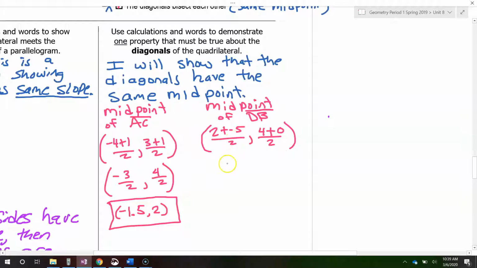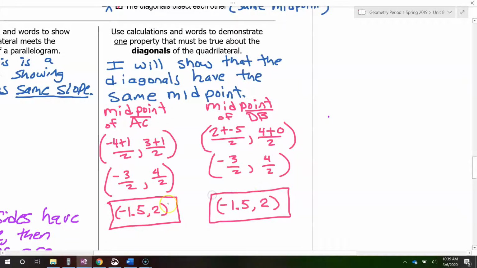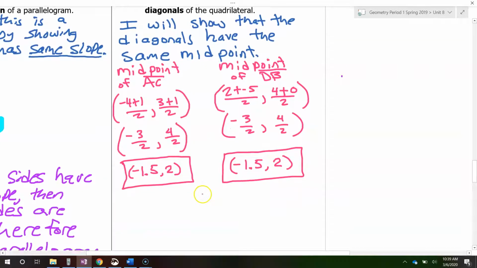So that's going to give me -3 over 2 and 4 over 2. So in the end, I will have -1.5, comma 2. So this is the midpoint of segment DB. Of course, you'll notice that they are the same.